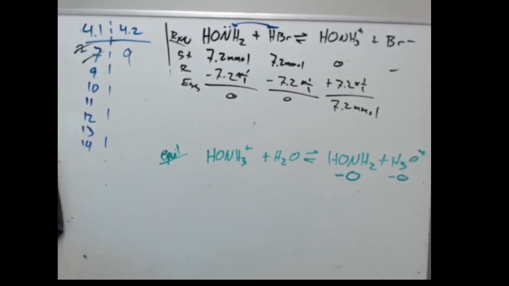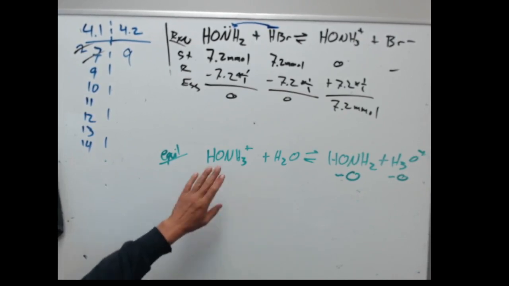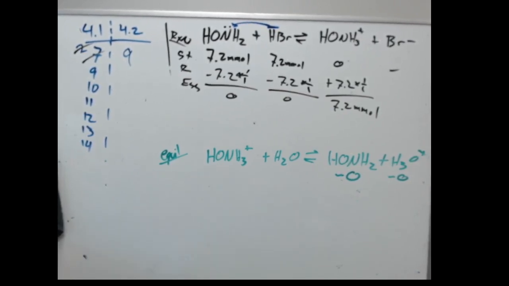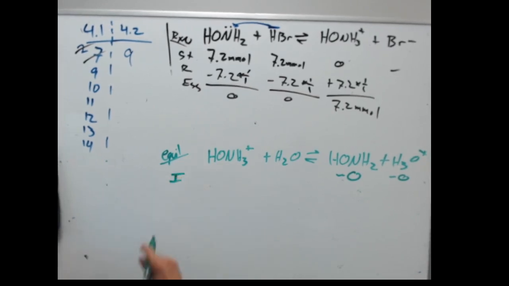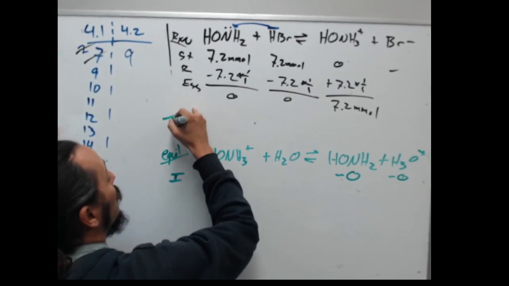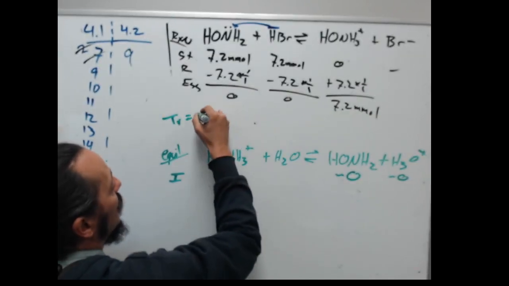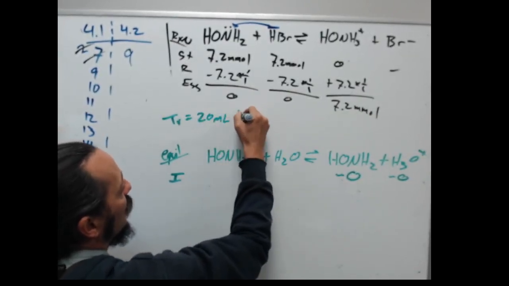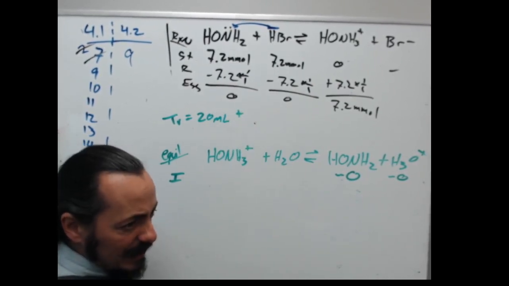Now, the mistake that I've seen at least 3 people make during office hours so far is they put the 7.2, this initial, like what do we put for our initial protonated hydroxylamine? 7.2 divided by the volume? Which volume? The total volume. Right, so total volume at this point is going to be the original 20 milliliters plus how much did we solve for that we needed to add?